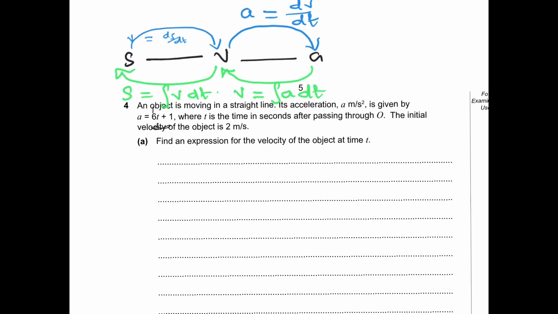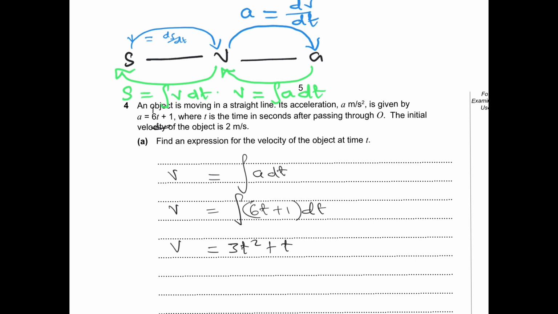We are going to say velocity is going to be equal to the integral of acceleration with respect to time. So what is our acceleration? Our acceleration is given as 6t plus 1. So if we integrate that, that will be 3t squared plus t.